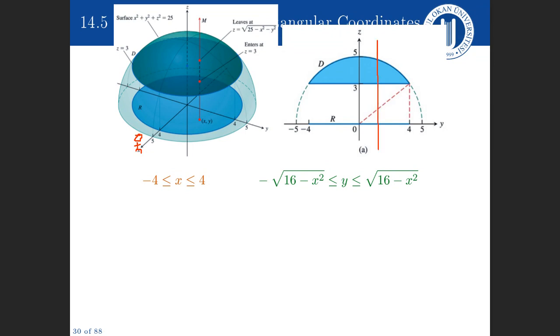Let's draw a vertical line. We go into the region D when z is equal to 3, and we leave at the top. Because we're on a sphere, we're leaving when z is the square root of 25 minus x squared minus y squared.